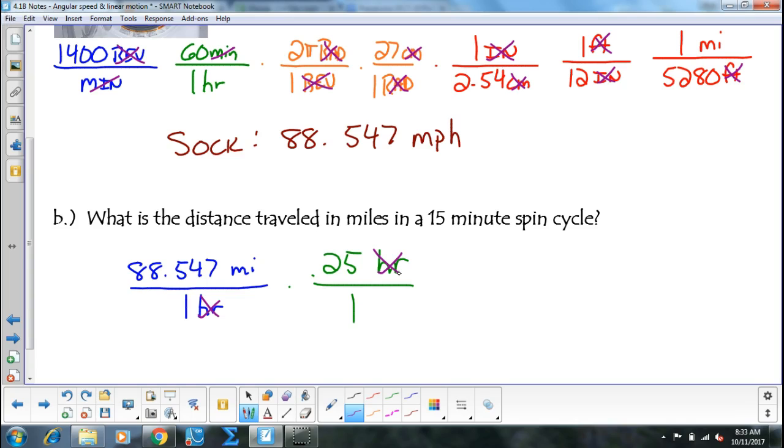Either way, what I really wanted to show was you don't multiply by 15, because they're not the same unit. They don't cancel each other out. So divide that by 4. So that sock traveled 22.137 miles.